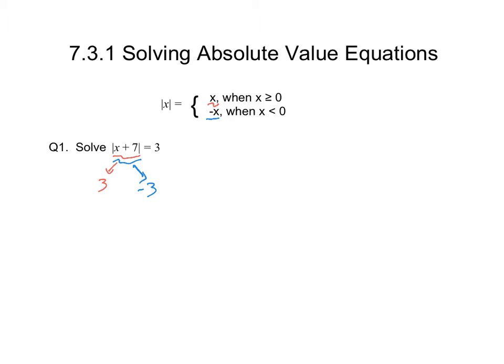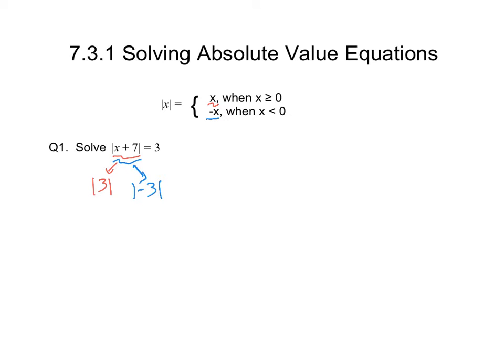Because if we take the absolute value of 3, we get 3. And if we take the absolute value of negative 3, we also get 3. So if we could find the value of x that would make this expression equal to 3, and a different value of x that would make it equal to negative 3, those would both be valid solutions to this problem.